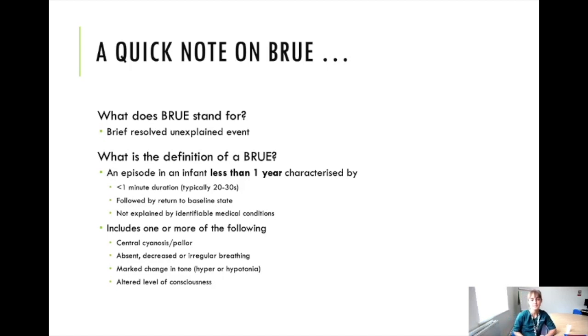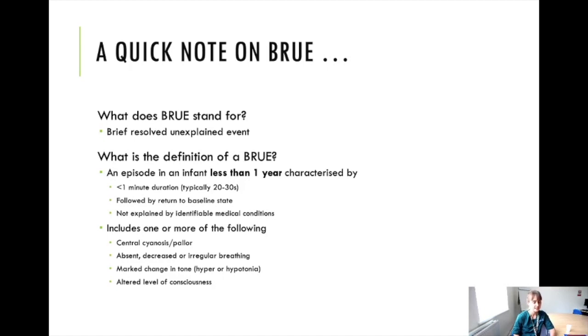And these are quite specific, but they're essentially events that we never really explain. And are scary at the time, sometimes even require a mum or dad to initially start CPR, although it probably wasn't warranted, but there's no actual identifiable medical condition or concern.